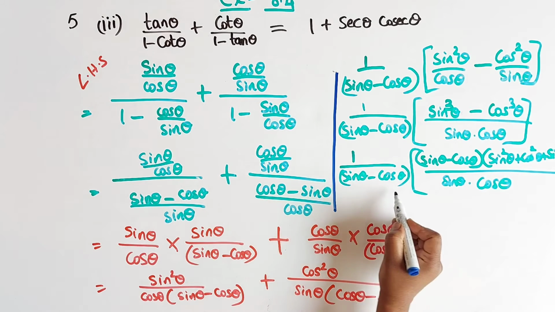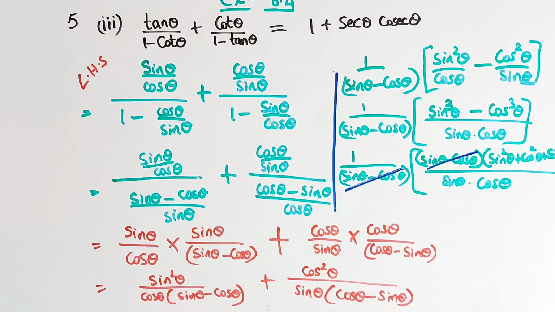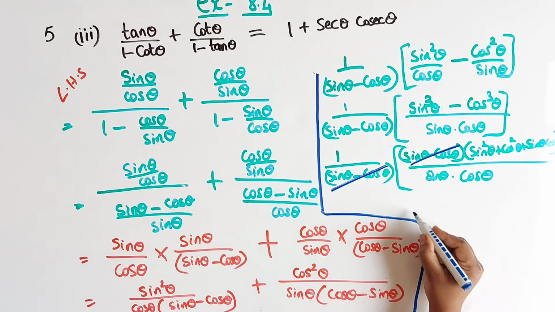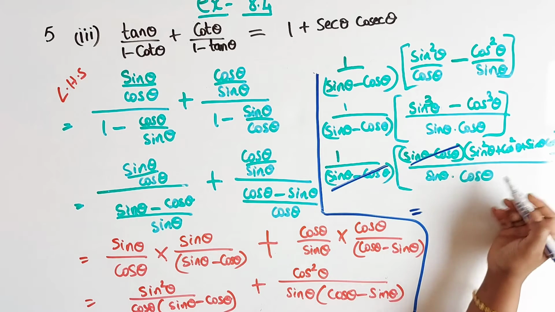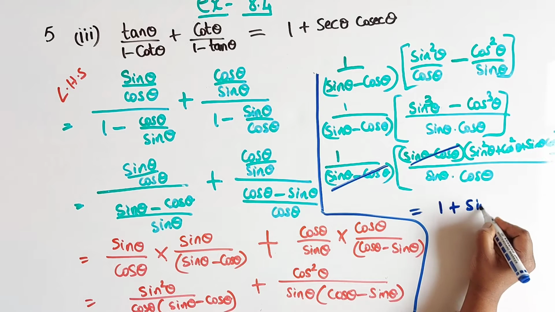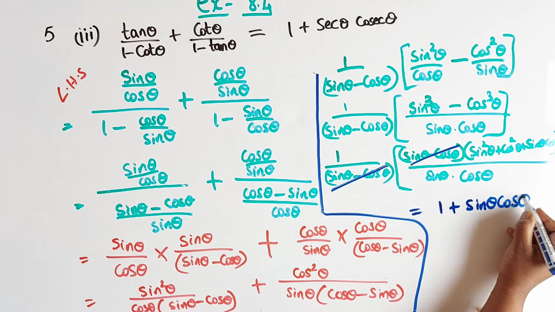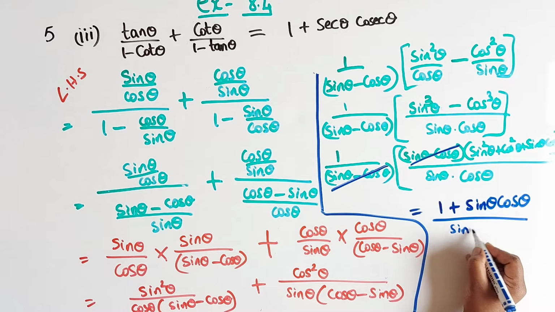Now see here, we have sin theta minus cos theta and here also sin theta minus cos theta. Correct. What are the remaining terms here? This equals here sin square theta plus cos square theta, that is 1, plus sin theta into cos theta, divided by already sin theta cos theta here in denominator.